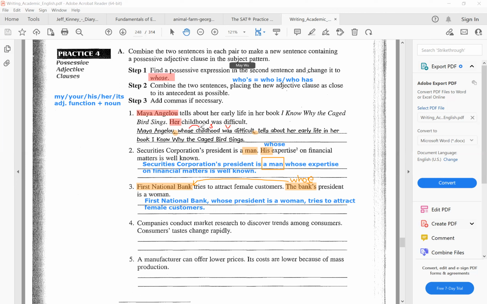Whose is modifying childhood, which is the subject. In the second example, whose expertise is well known, whose is modifying the subject, expertise. In the third example, whose president, whose is modifying the subject, president. So it is adjective function. Okay, and that's it.